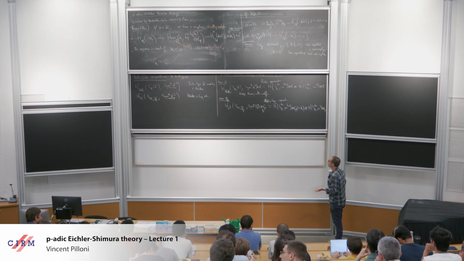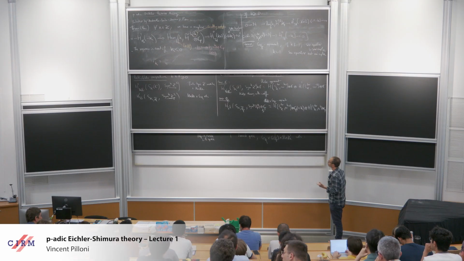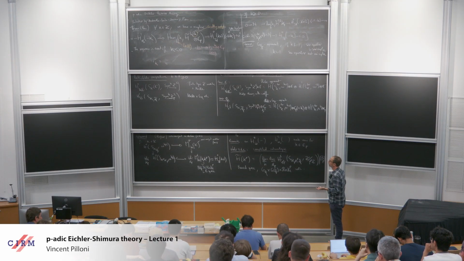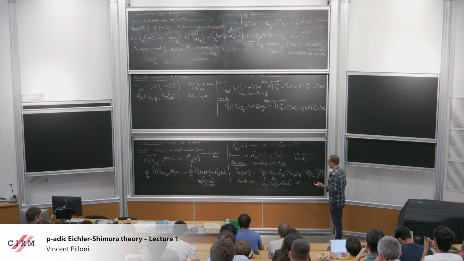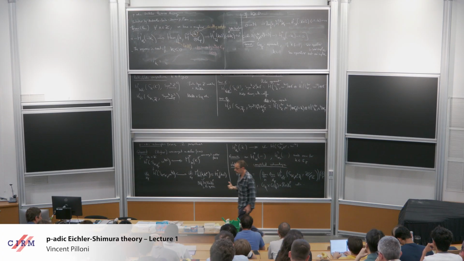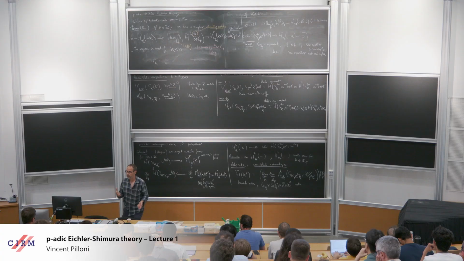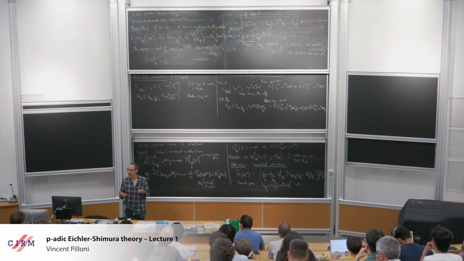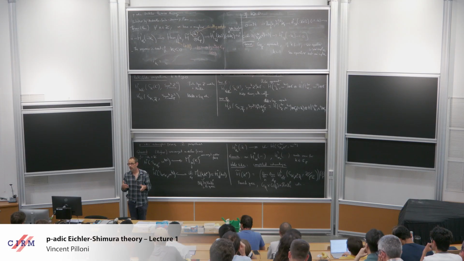But today, as a little warm up for this geometric Sen theory, one introduces a bunch of incarnations of the Shimura variety, the different p-adic incarnations. I want to start by doing this algebraically and to speak a little bit about not only the algebraic Shimura variety, but also its de Rham stack.